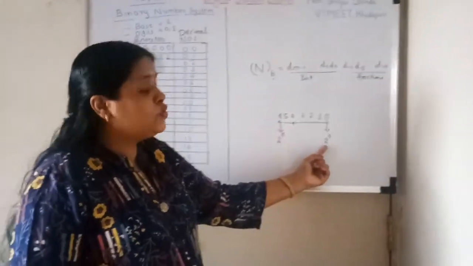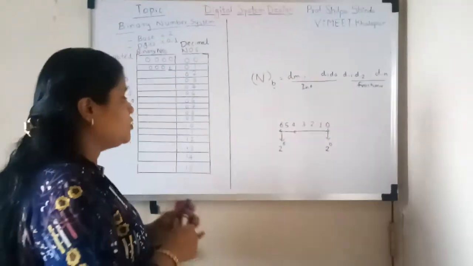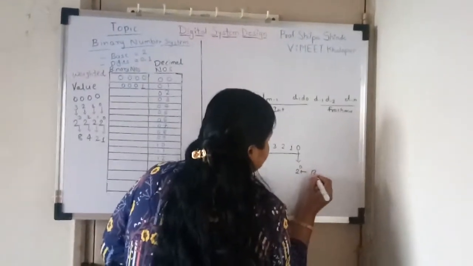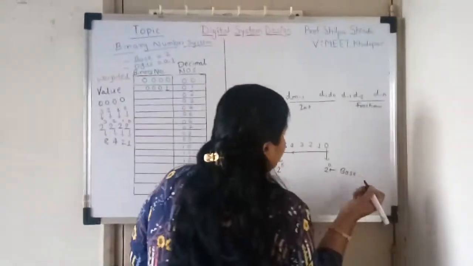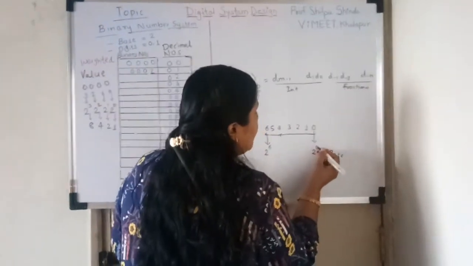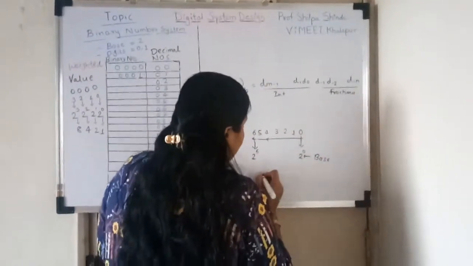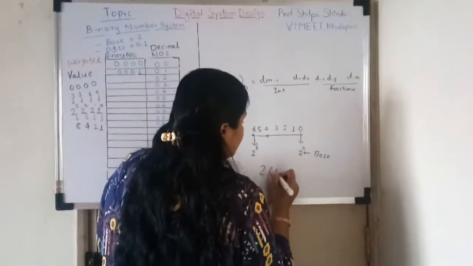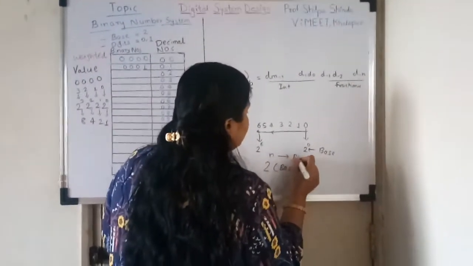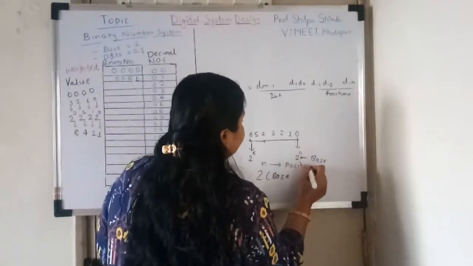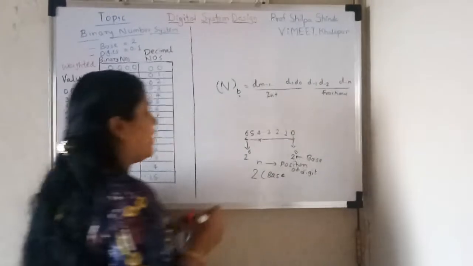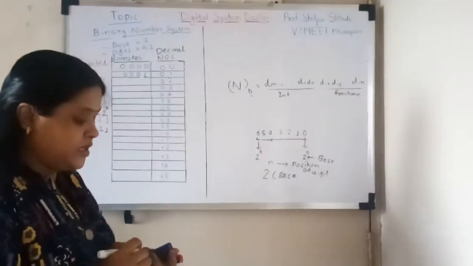Why are we taking 2? Because 2 is the base of the number system, and the weighted value is calculated as base to the power. So 2 is the base, and n is the position of the digit. Accordingly we find out the value of the decimal number.